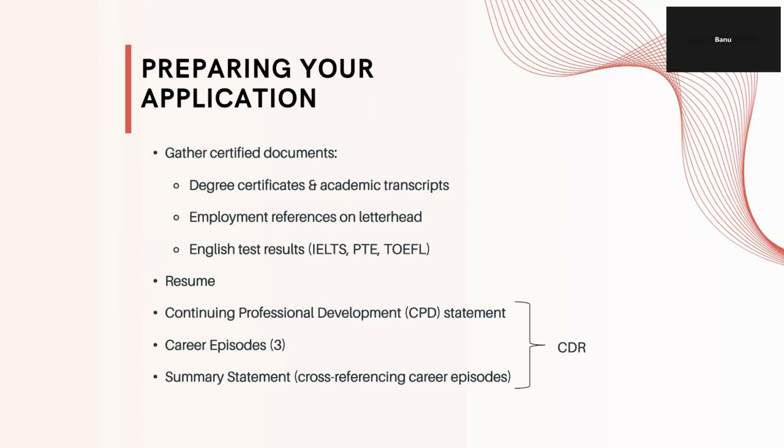You can choose the CDR pathway if, as I said, you are a new graduate. What Engineers Australia wants to see is how you apply engineering competencies, not necessarily employment. So select episodes where you had technical involvement, even in an academic setting.